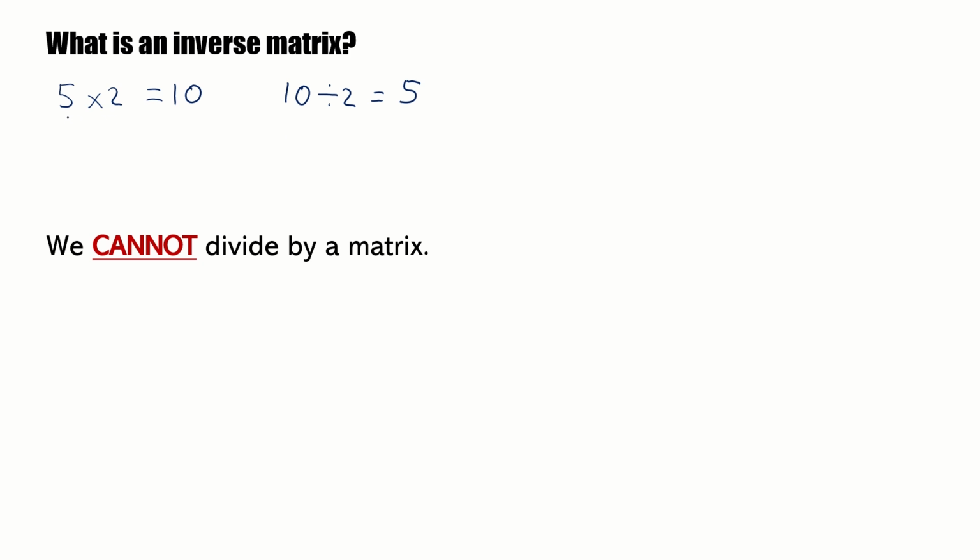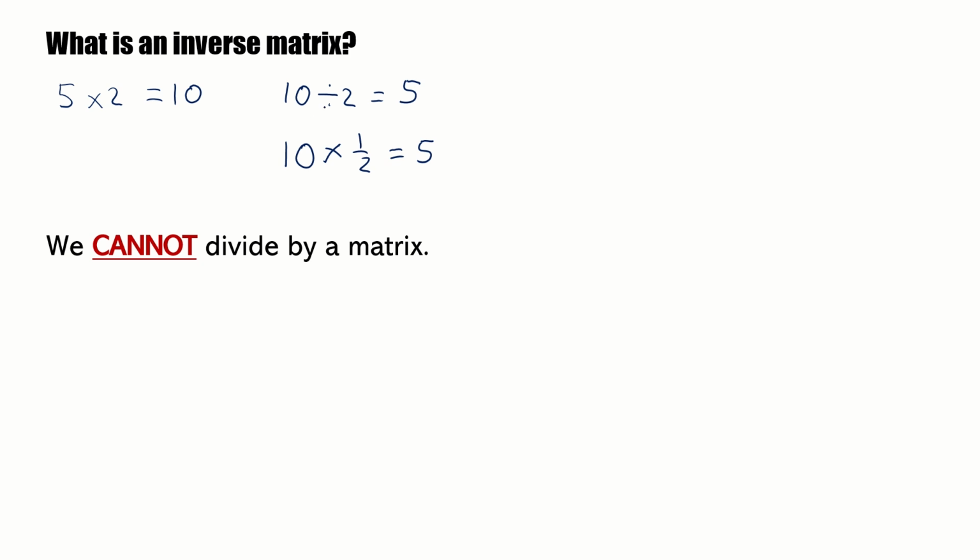That is, if we're trying to undo times 2, we can undo that by multiplying again by a different number. In this case, as it's specifically times 2 that we're trying to undo, the number we have to multiply by to undo that is a half. So if we want to undo times 2, we'll just times by a half. So therefore 10 times a half does also get you back to the original answer of 5.